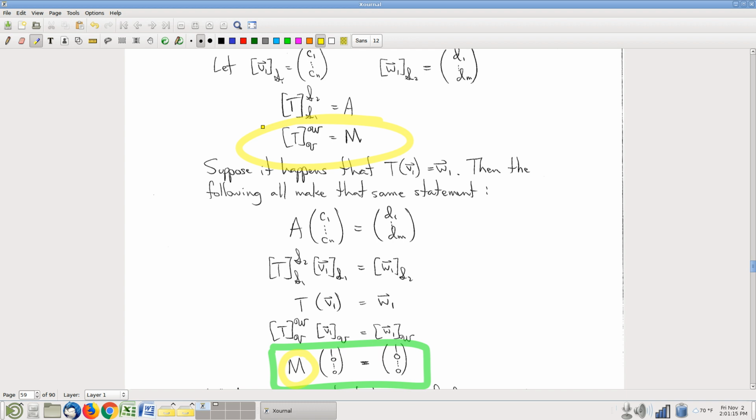That is what should motivate you to not only think of M as representing T, but also to think of these coordinates down here as unavoidably needing to represent vectors with respect to the bases that M is with respect to. Right?